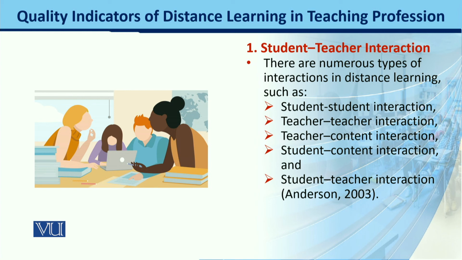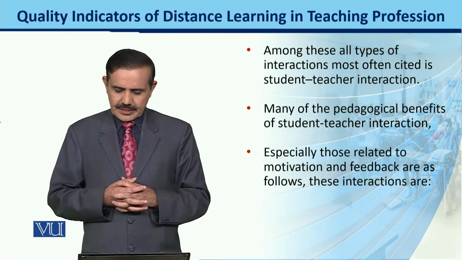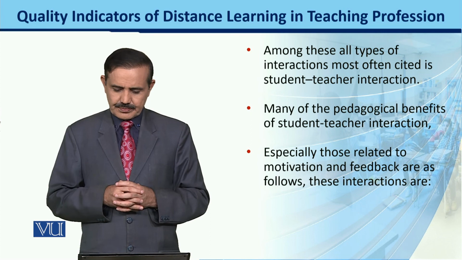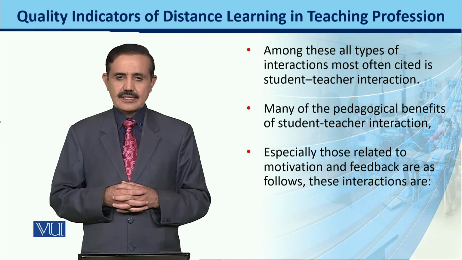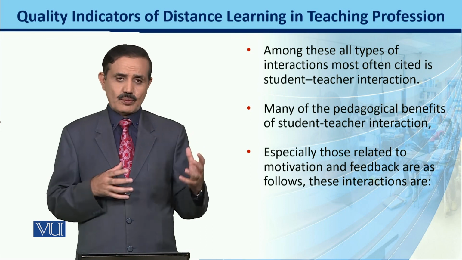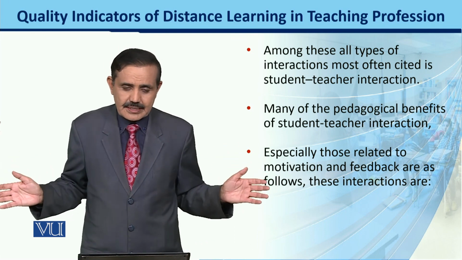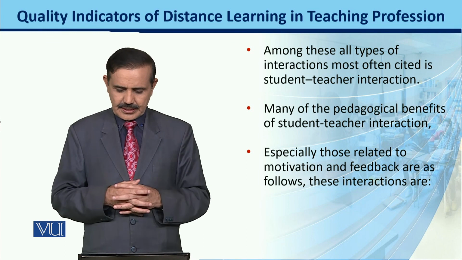Teacher-content interactions, student-content interactions, and student-teacher interactions. Anderson indicated these interactions in 2003. All these types of interactions are mostly cited as student teacher interaction, because in one way or another they become a resultant of student teacher interactions.